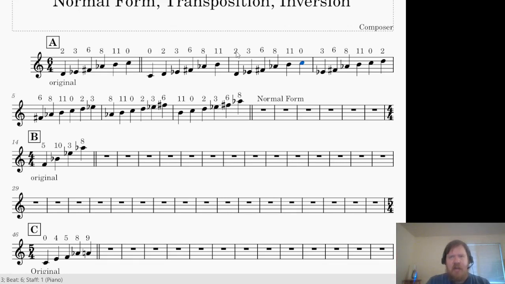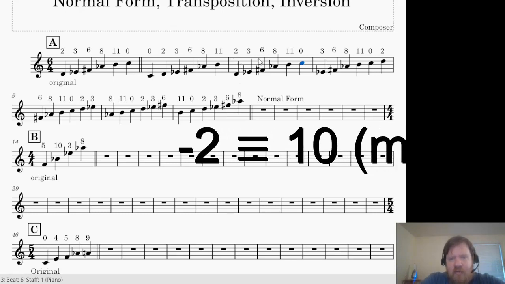Basically, all of the integers are equivalent: every 0 is C, and if you add 12 to that, you have 12, which is also a C. If you add 12 to that, that'd be 24, also a C. So as long as you can add or subtract 12, you still have an equivalent pitch class. So if you have negative 2, add 12 to it, and you'll have 10.